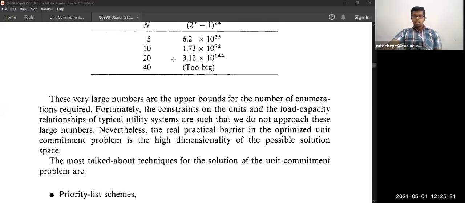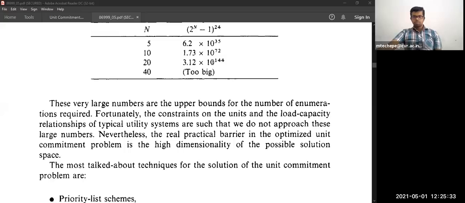Even by hand calculation, you can't solve this many combinations. Hand calculation is very, very difficult. So they will go for developing computer software, like programming in MATLAB or some other software, so that it can easily do this job and give the solution combination.